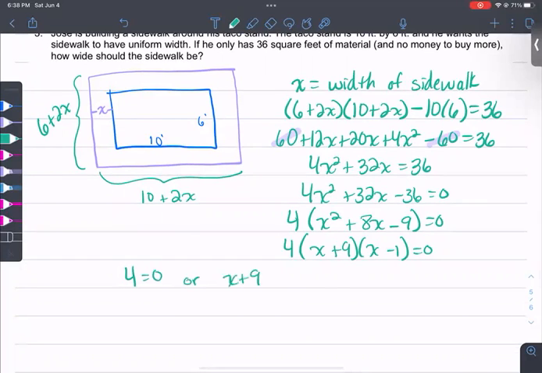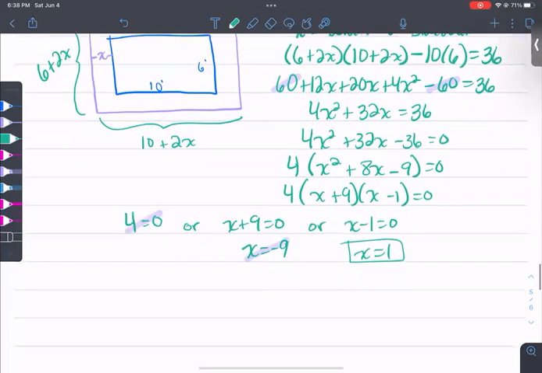So that property says that 1 or more of them has to be equal to 0. Well, I know it doesn't make sense for 4 to be equal to 0, so that's not useful to me. And then the x plus 9 equals 0. Subtracting 9 from both sides would be x equals -9. It doesn't make sense for a sidewalk to be -9 feet or negative anything, so I'm not going to use that one. And then adding 1 to both sides, I get x equals 1, and that's the only sensible solution.